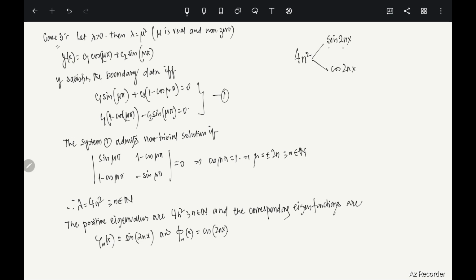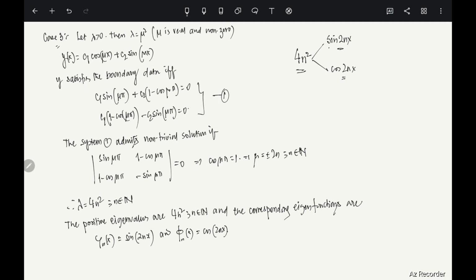And we know that these two are linearly independent. So for each eigenvalue, you are going to get two linearly independent eigenfunctions. That actually says that the eigenvalue 4n square is not simple. But for a regular Sturm Liouville boundary value problem, we have seen that these sort of eigenvalues are always simple. But in this case, it is not going to be simple.